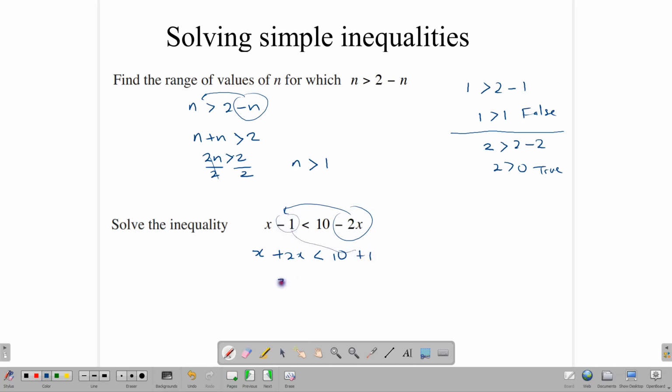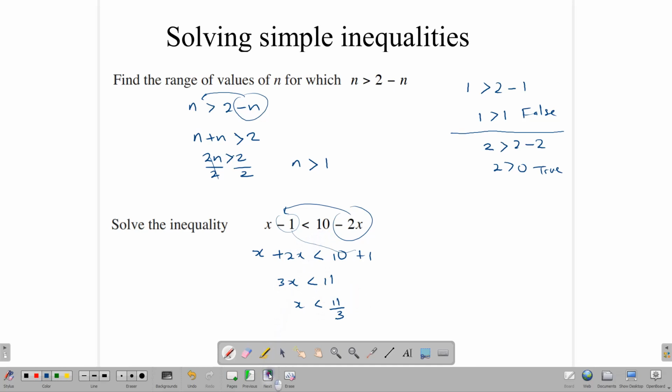So what we have now is 3x is less than 11, and now we divide by 3, so x is less than 11 over 3. So it's the same idea. Any number less than 11 over 3 would work for this question.